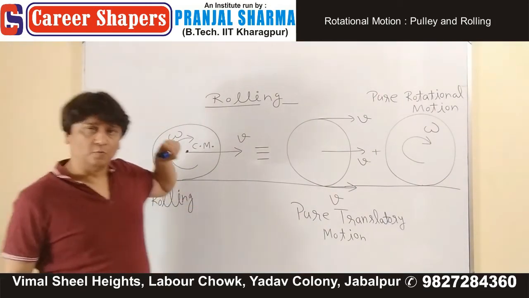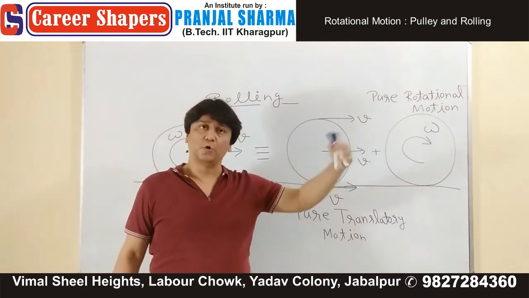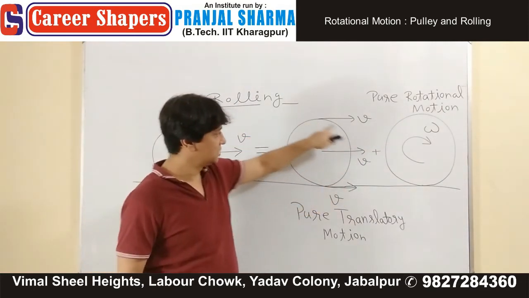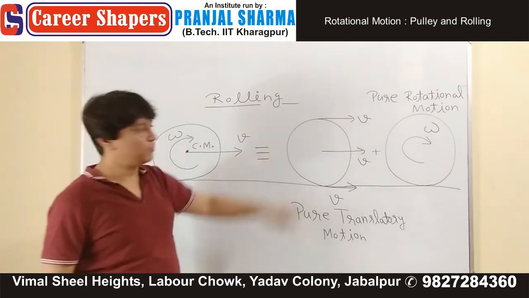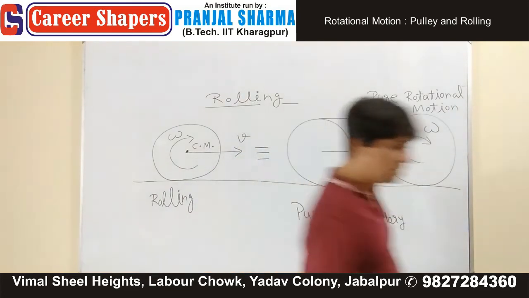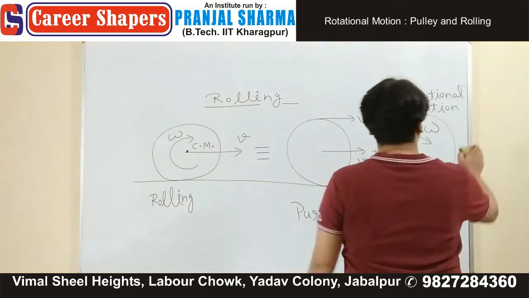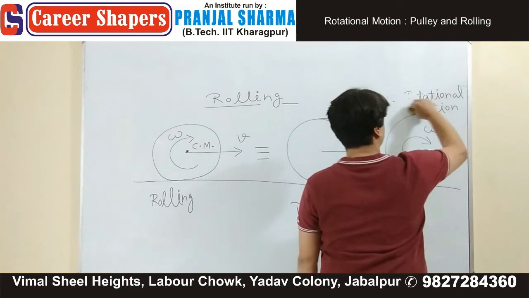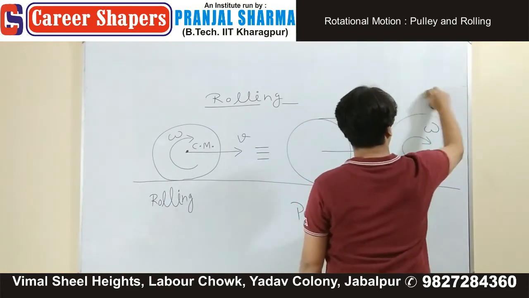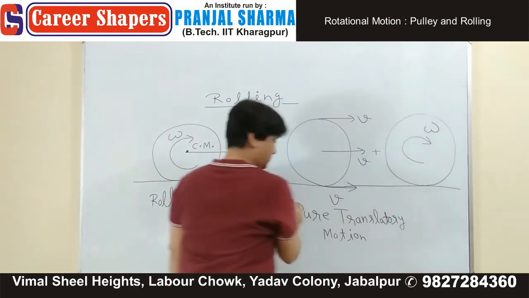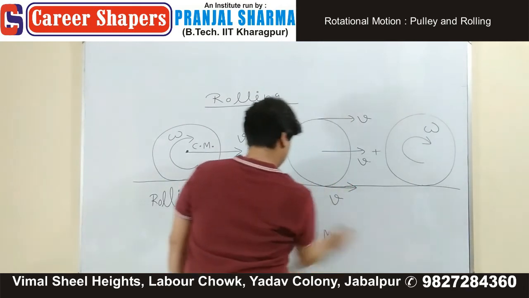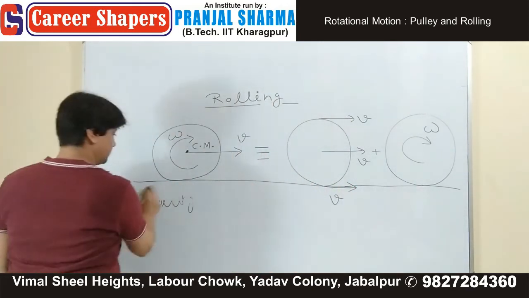So this wheel, when it moves with V, every point is moving with the same speed V. In rotational part, remember this is pure rotation. And this is pure translatory. And this is rolling.